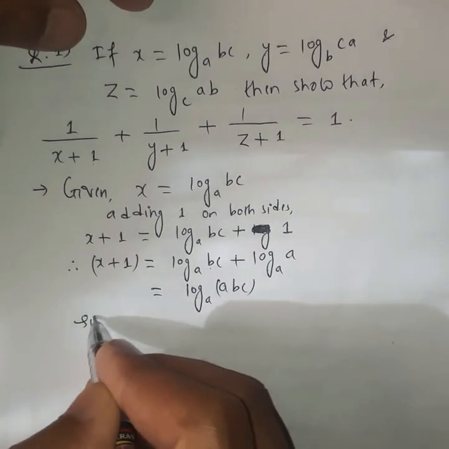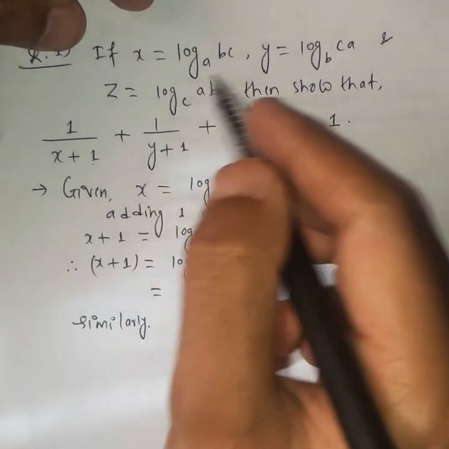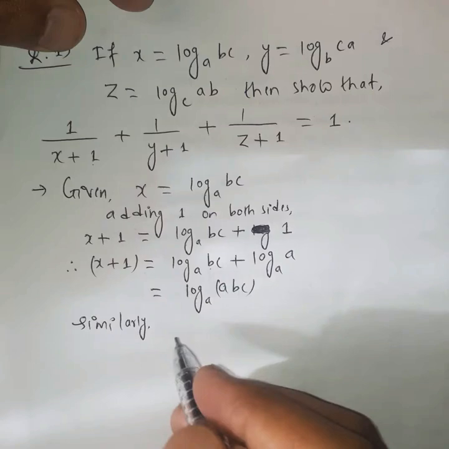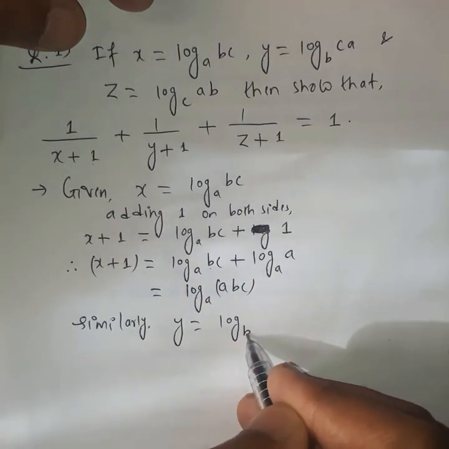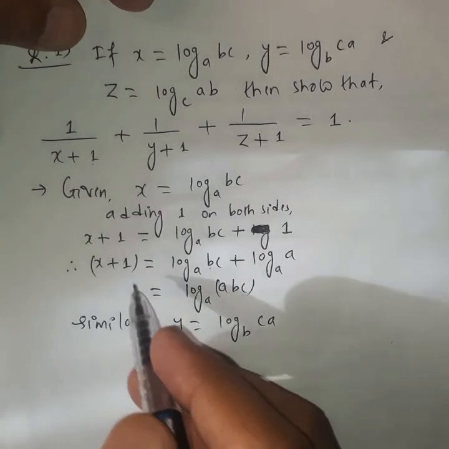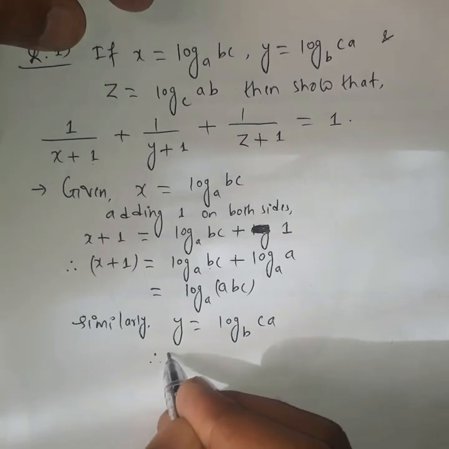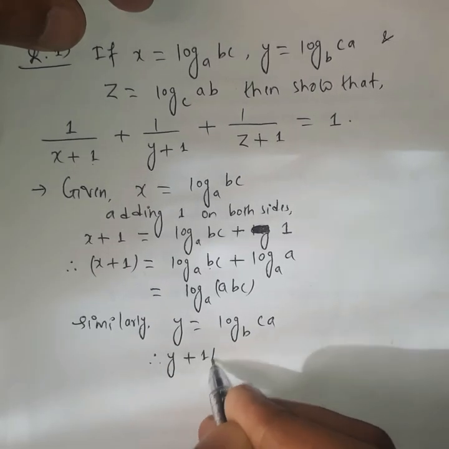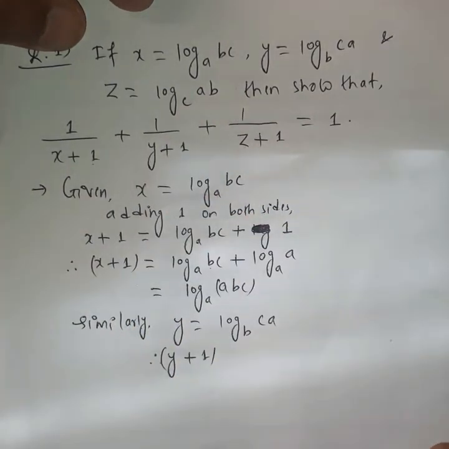Similarly, the relation for y is given here: log with base b of the number ca. So similarly we can do the same process here. The value of y plus 1, because we need y plus 1 in the denominator of our target.